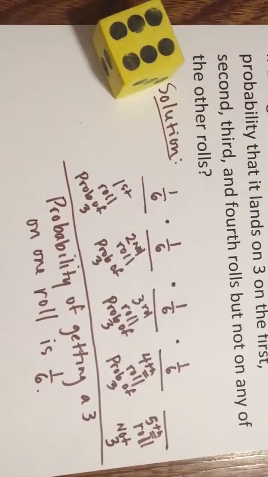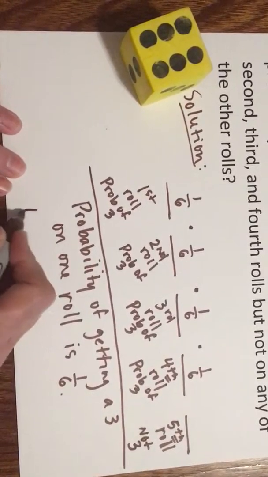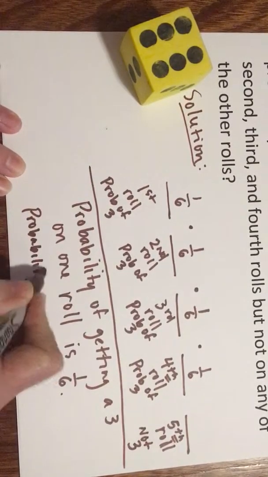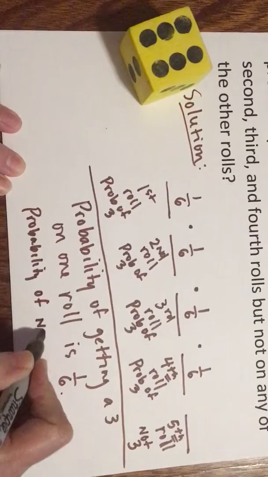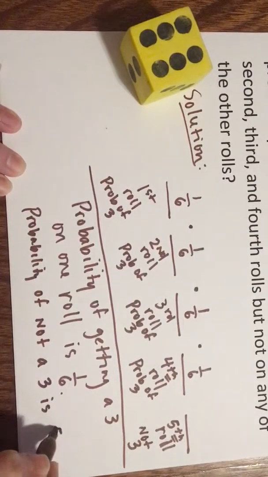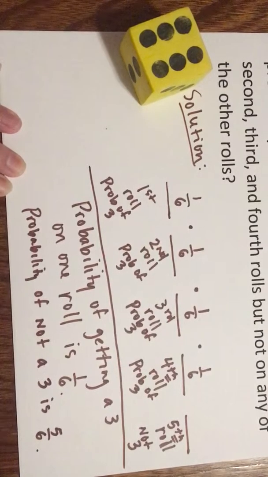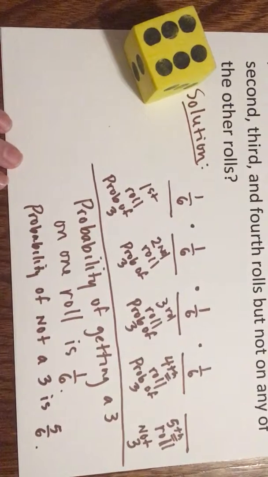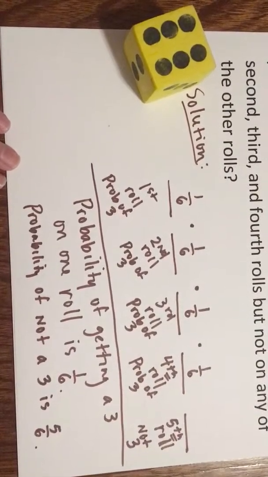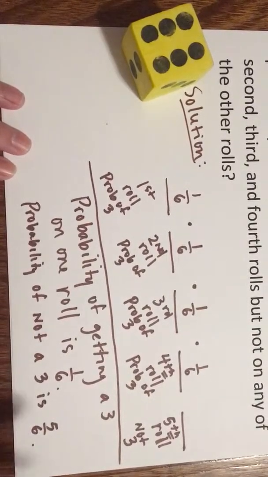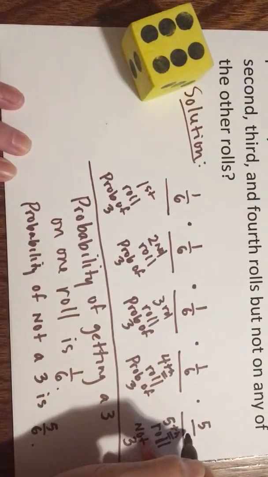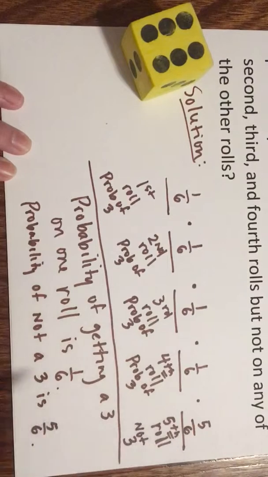So maybe here I also want to make a comment. Probability of not a 3 is 5 over 6. So that's the number that's going to go in the fifth blank, the fifth roll.